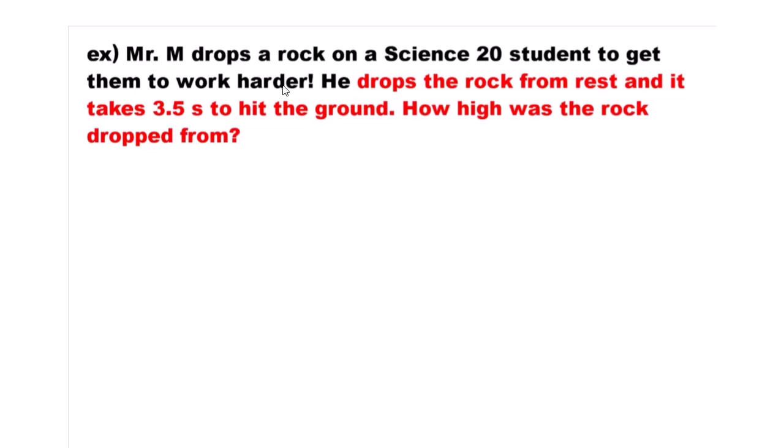So let's see what information I have. I dropped the rock from rest. Now, if something is being dropped from rest, that means that its initial velocity is 0. And that's a piece of information that it might not seem like you're actually being given, but you are. So the VI is 0 meters per second.